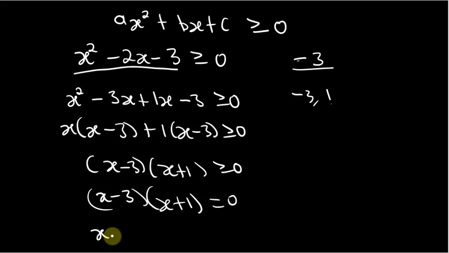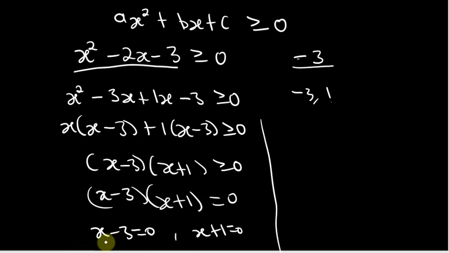So we get x minus 3 being equal to 0, and then x plus 1 being equal to 0. Okay. Now for x minus 3 being equal to 0, we get x equal to 3. And then x plus 1 being equal to 0 gives us x being equal to negative 1.